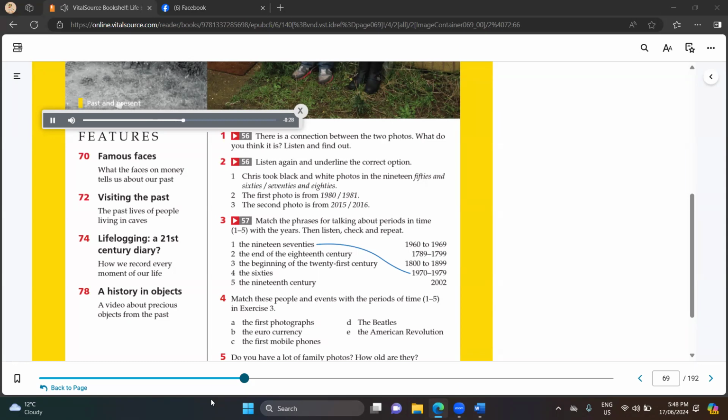Donna and Stephen saw their photo from 1981 and they contacted Chris. It shows them as children in front of their old family house. They don't live in the house now, but they live in the same city. They returned to the street, and Chris took the second photo in 2015.